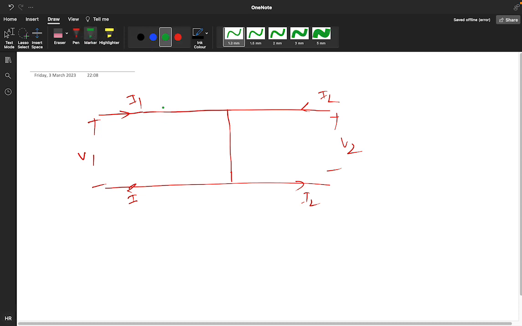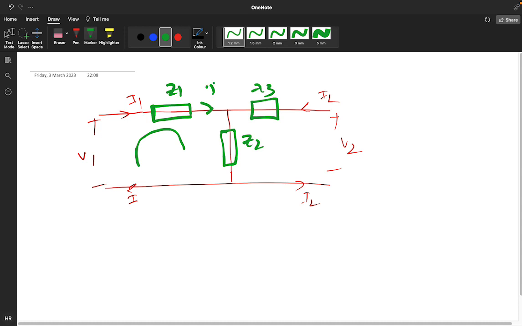Some resistor whose value is given as Z1. Okay, and here some resistor is given as Z2. Here it is given as Z3. See, I1 current is coming from this side and I2 current is coming from this side. So what will be the net amount of current? I1 plus I2.